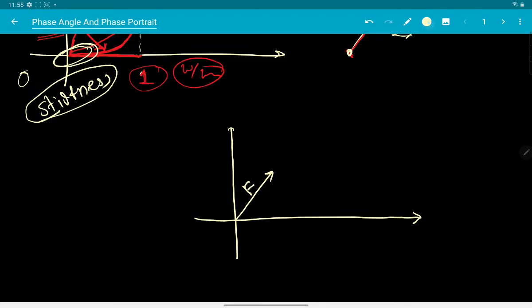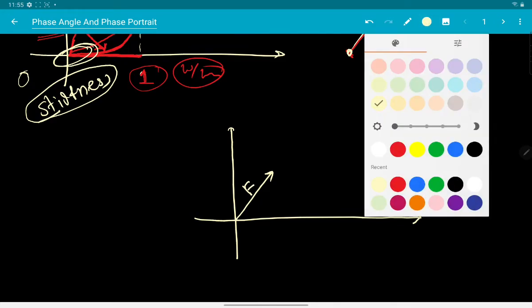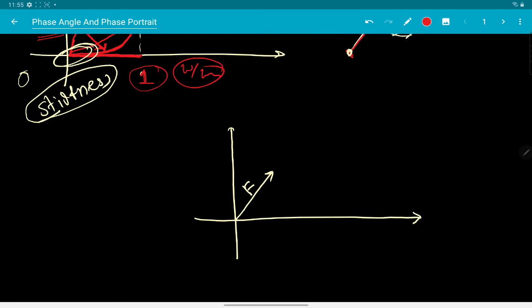Now x will be in the opposite direction of f, right? So this is how x is going to look. Okay, x will be leading f by pi, or lagging f by pi units of angle. If this is f, then x, and obviously this will be kx, right? kx will be in the direction of x, which is in the opposite direction of f.